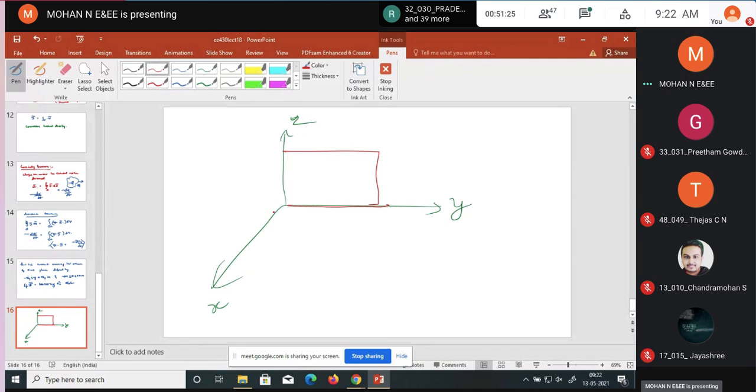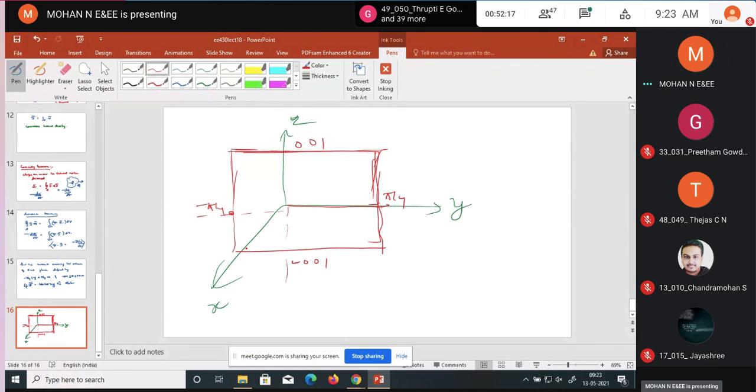And it has to happen between minus pi by 4 to plus pi by 4 for y, and minus 0.01 to plus 0.01 for z. So minus pi by 4 to plus pi by 4 and minus 0.01 to plus 0.01. Simply a YZ plane. Okay.